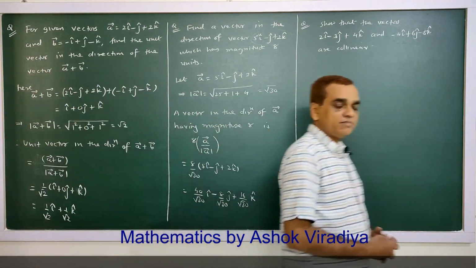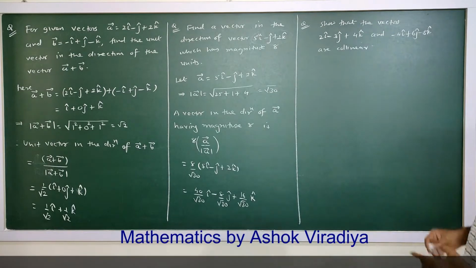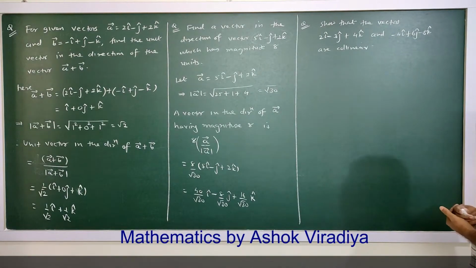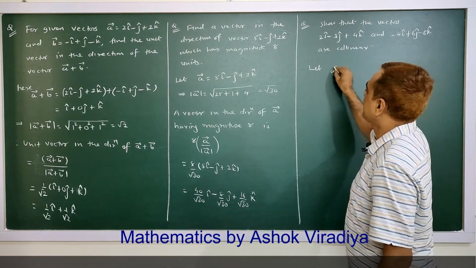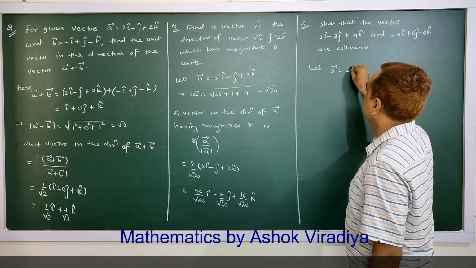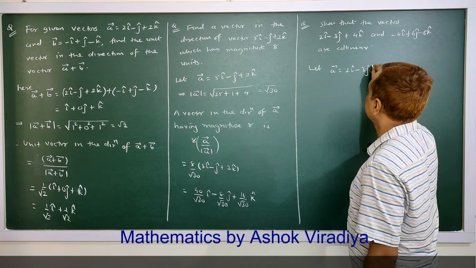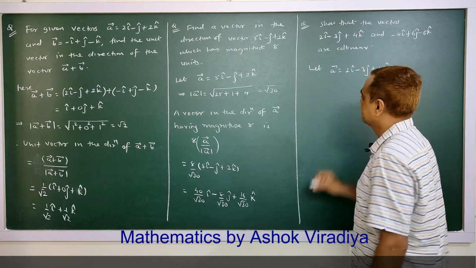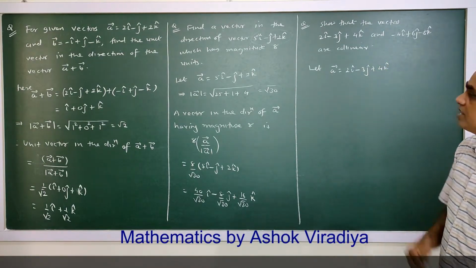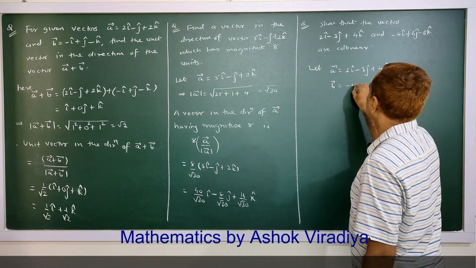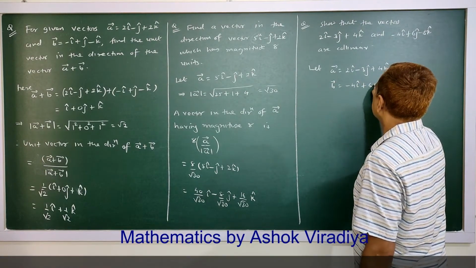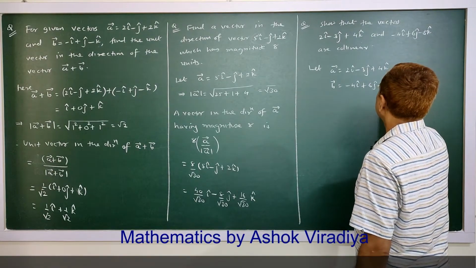Now in this question, show that these vectors are collinear. Let me take first vector as vector A. Vector A is 2i minus 3j plus 4k. Second vector we take B. Vector B is minus 4i plus 6j minus 8k.